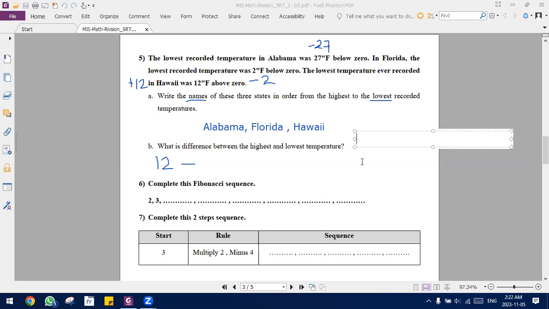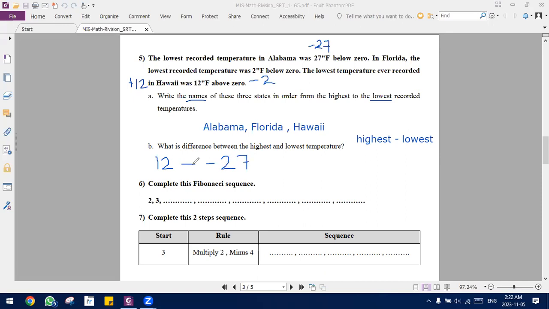They said, find the difference between the highest and lowest. So it's always like this: biggest or highest minus the lowest or the smallest. The highest value I have is 12, minus, because in the formula it says minus, then the lowest. What's the lowest? It's minus 27.